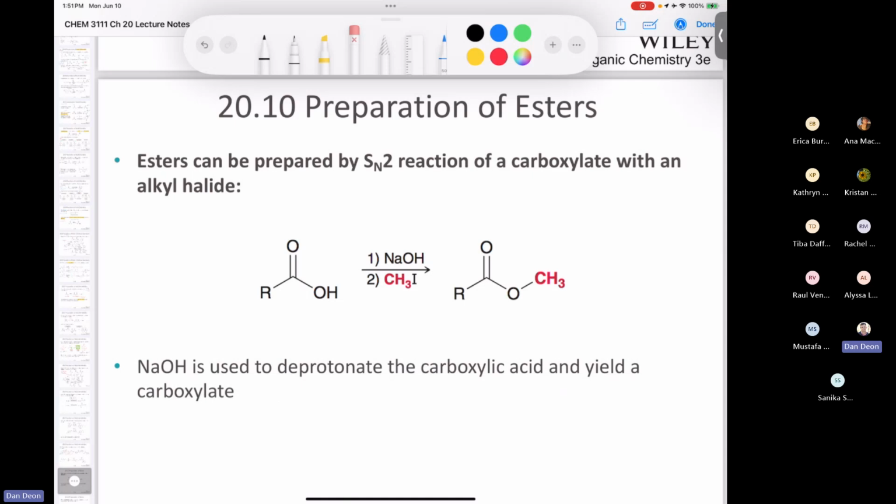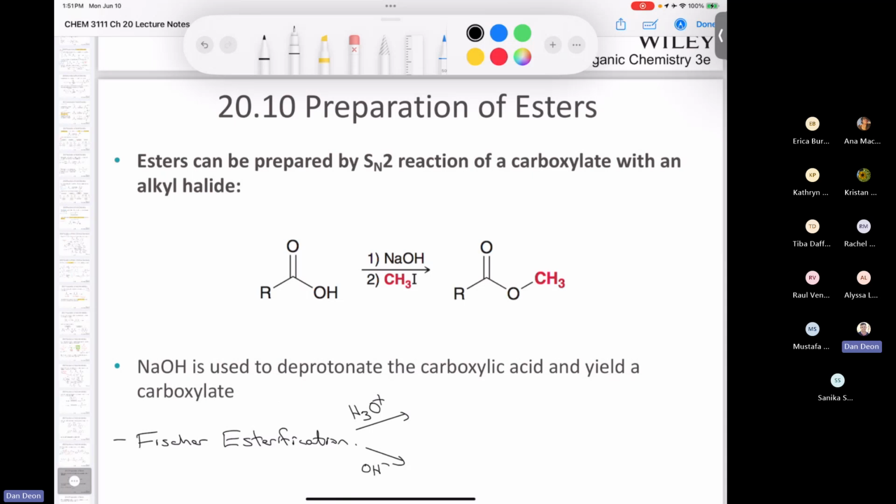Now, we're going to take a break, but before we get into it, there are a few things you're going to learn in the section on esters that I want you to meditate on. Some of the most important mechanisms in all of organic chemistry are found in this section. One of them is Fischer esterification, the formation of an ester. An ester can then be hydrolyzed two ways: in acid, and also in base.